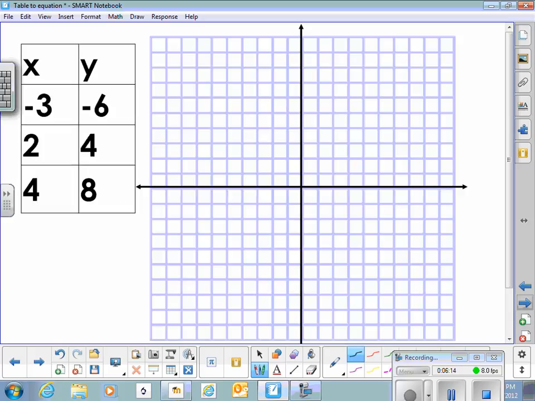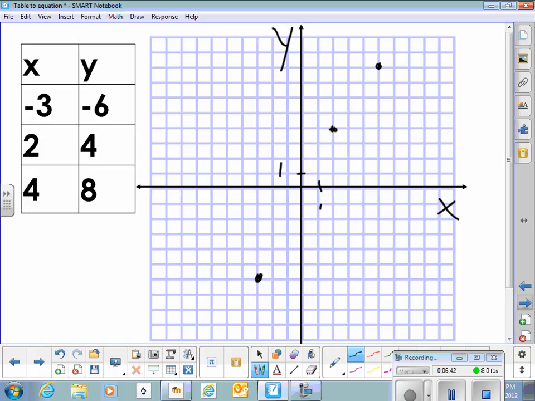Another set of points. If each square is worth 1, x-axis, y-axis, go to negative 3, negative 6, go to 2, 4, 4, 8. So we can say, how steep is that?